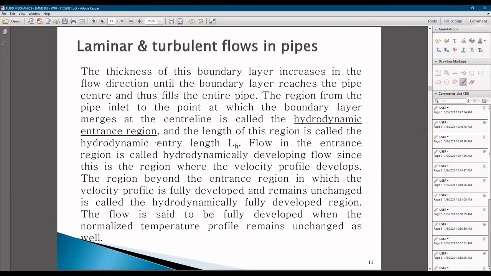The thickness of this boundary layer increases in the flow direction until the boundary layer reaches the pipe center and thus fills the entire pipe.